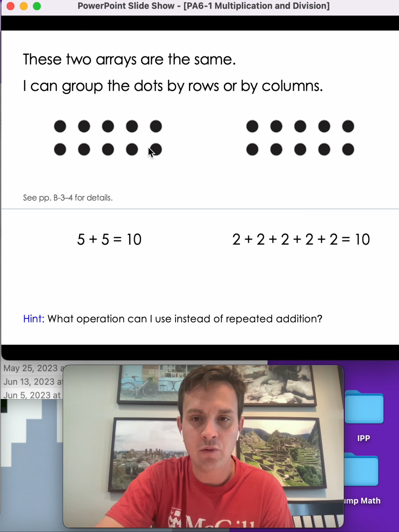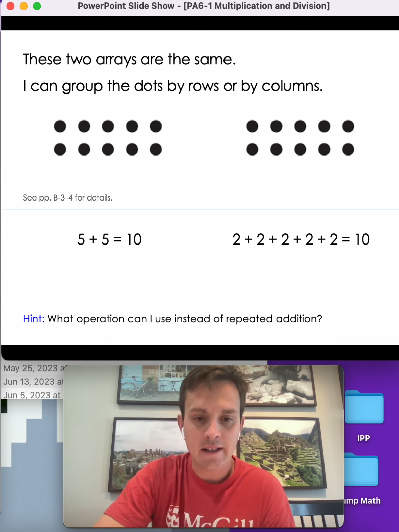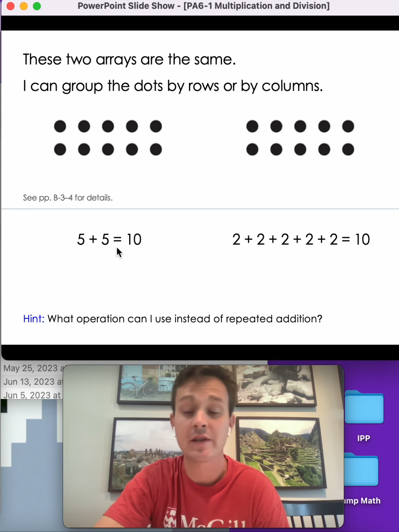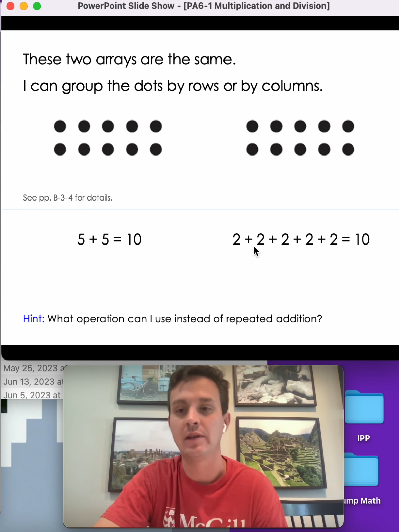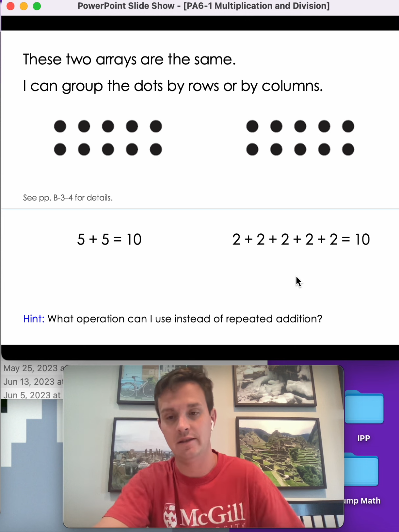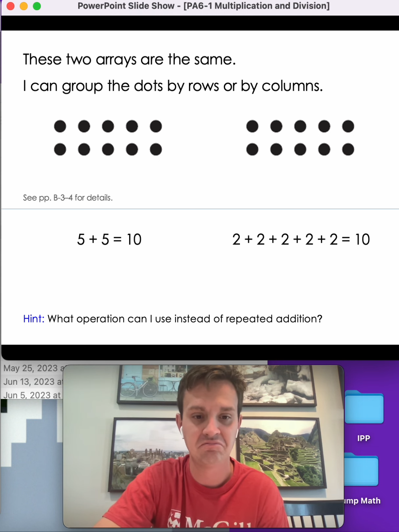So the first group would show 2 groups of 5, which is 10. The second group would show 5 groups of 2, which is also 10. So 5 plus 5 is 10, and 2 plus 2 plus 2 plus 2 plus 2 is also 10. But what operation could I use instead of repeated addition?